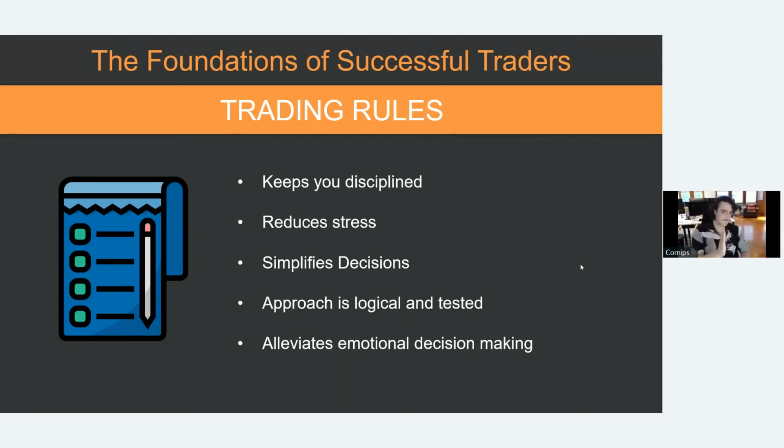They keep you on track and disciplined. They help reduce your stress because you're not making emotional decisions. So if you do have a bad trade, you don't have to ask, why did that happen, did I put too much money on it, or what can I learn from this? It helps simplify decision making, and hopefully that works because your set of trading rules, your approach, is logical and has been tested as well.